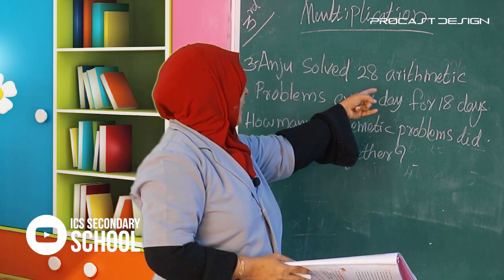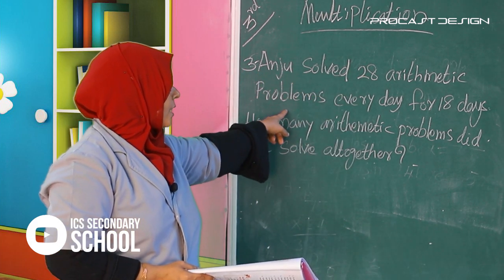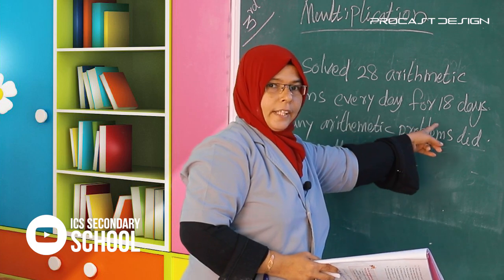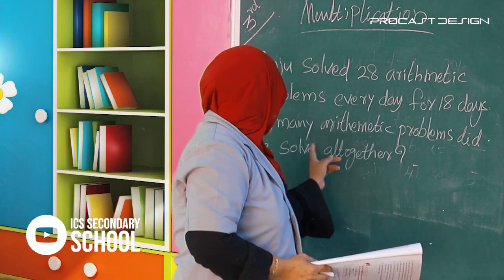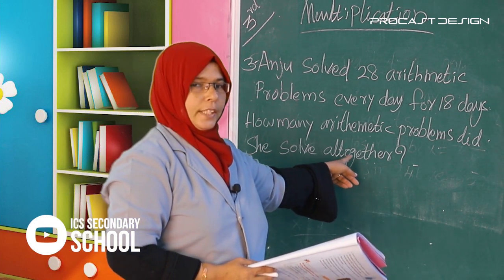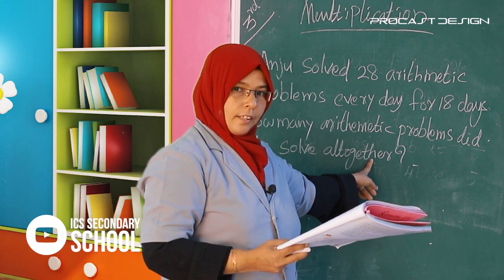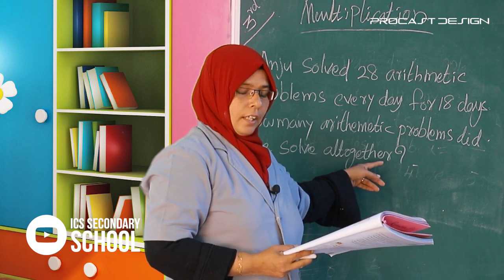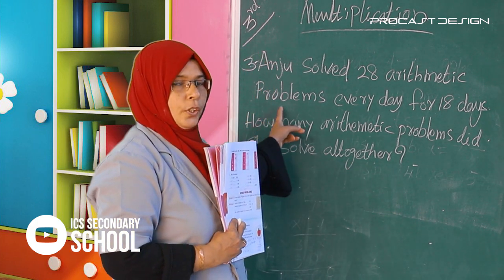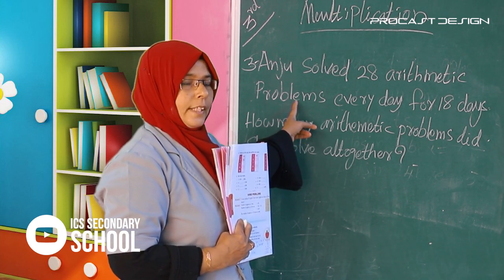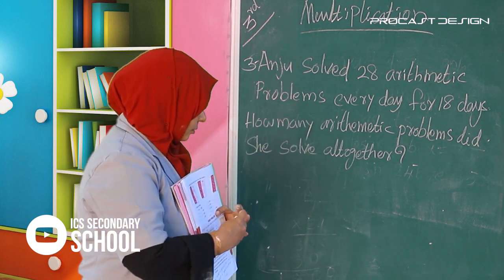Anju solved 28 arithmetic problems every day for 18 days. How many arithmetic problems did she solve altogether? Okay. Listen. All of you write this question in your notebook.